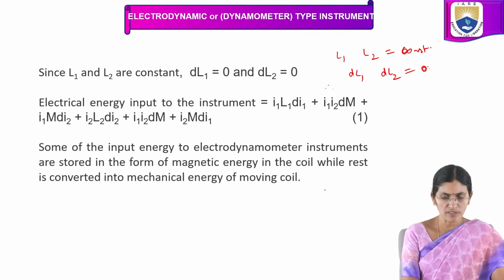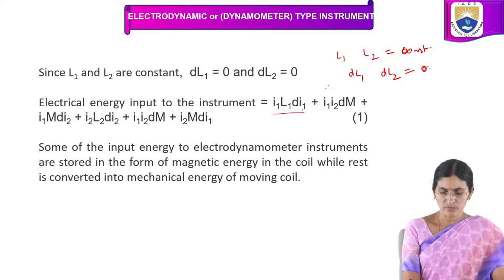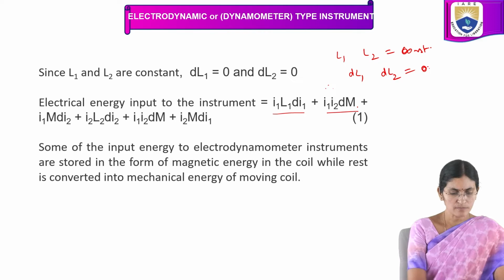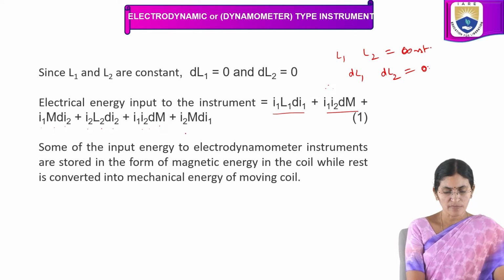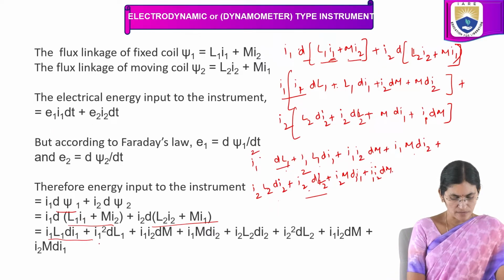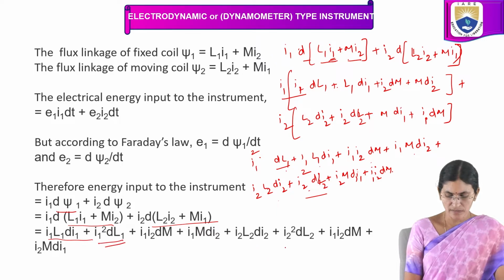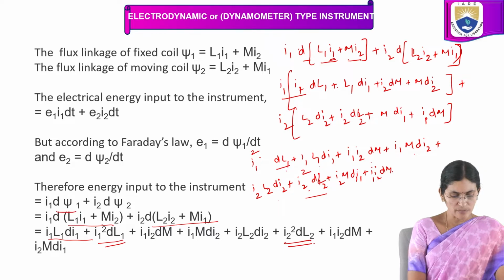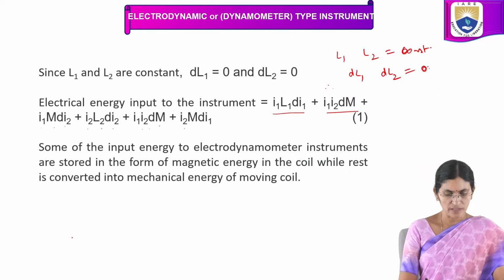The equation will be I1 L1 di1 plus I1 I2 dM plus I1 M into di2 plus I2 L2 di2 plus I1 I2 dM plus I2 M into di1. So that is what we have written here.